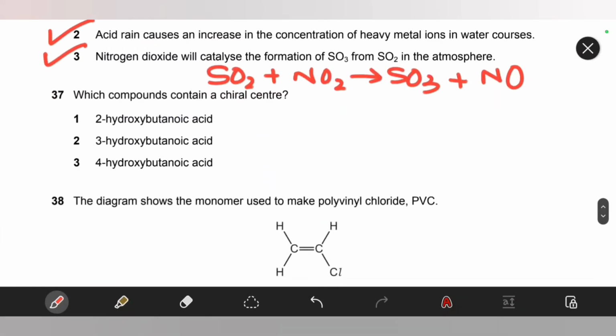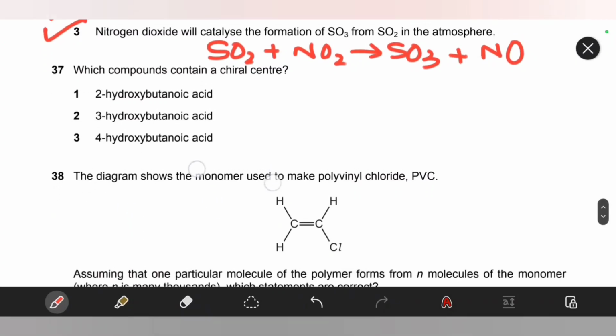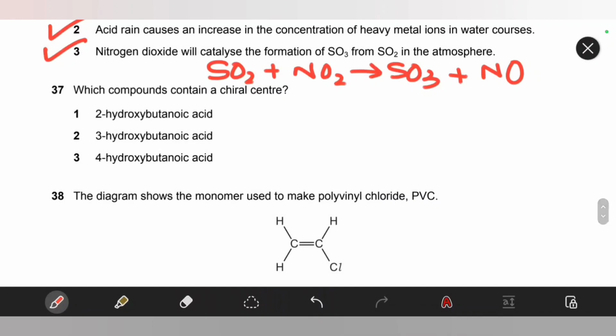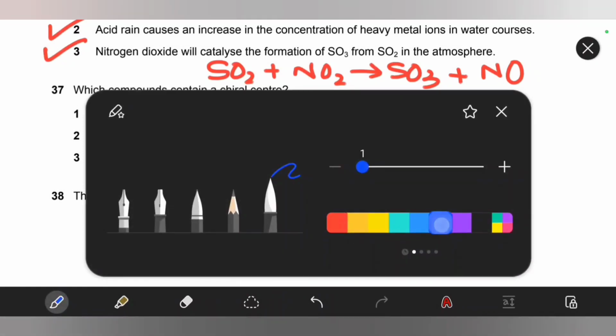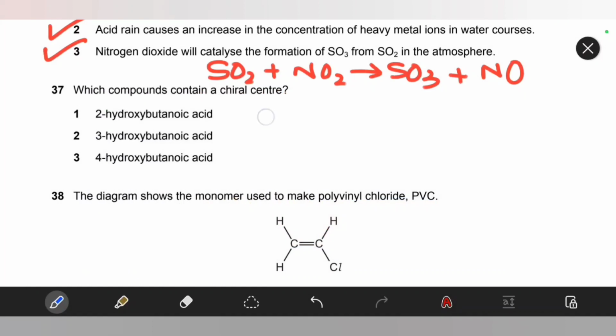Which compounds contain a chiral center? 2-hydroxybutanoic acid. So let me draw them. 2-hydroxybutanoic acid would be this. This is one.